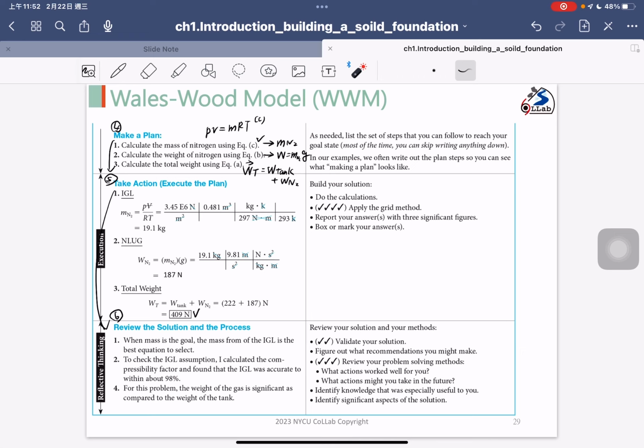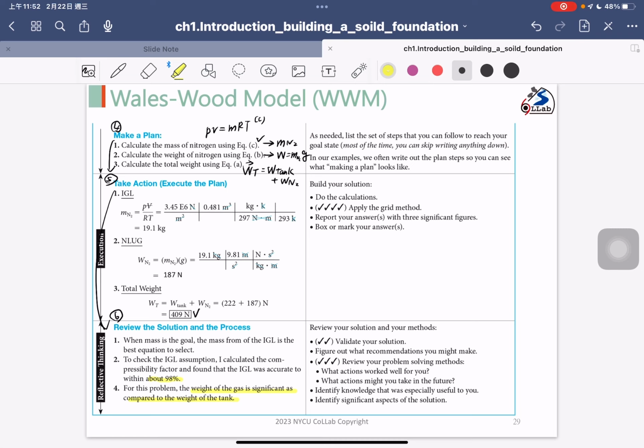You can see the highlighted accuracy can reach 98%, because the user also considers the interaction force between nitrogens, taking it into account and comparing the final answer with this number here. There is 98% accuracy.